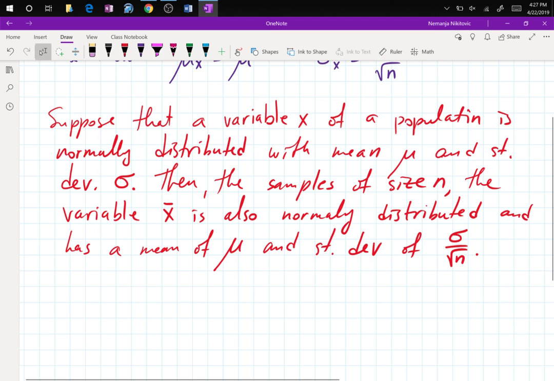So if your variable x, which can be shoe sizes, IQs, and whatever else, for all people on the planet, or the sizes of all tarantulas on the planet, as we had in the problem before, is normally distributed, then the samples of those variables would also be normally distributed.